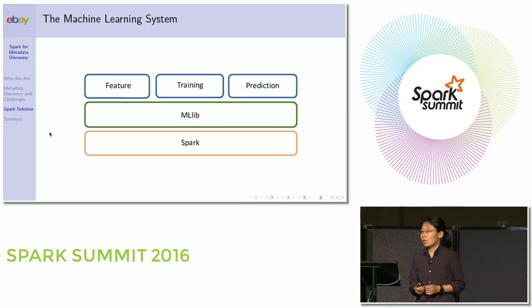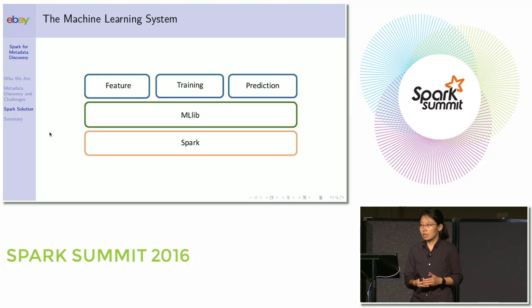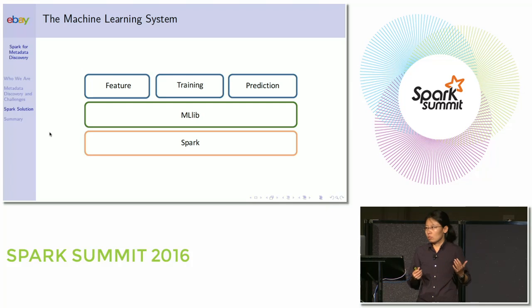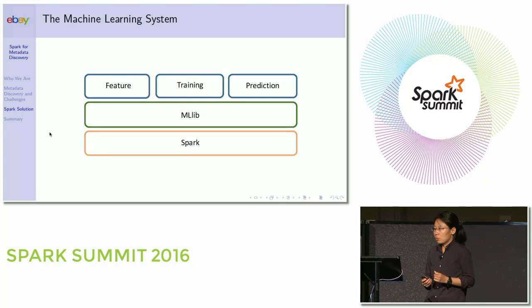In the training part, we just use MLlib's random forest to do the training. And the good thing is that after the training, the model is directly saved to HDFS, and you don't have to transfer it at all. And for the prediction part, we just read in the new data, load the model and do the predictions.